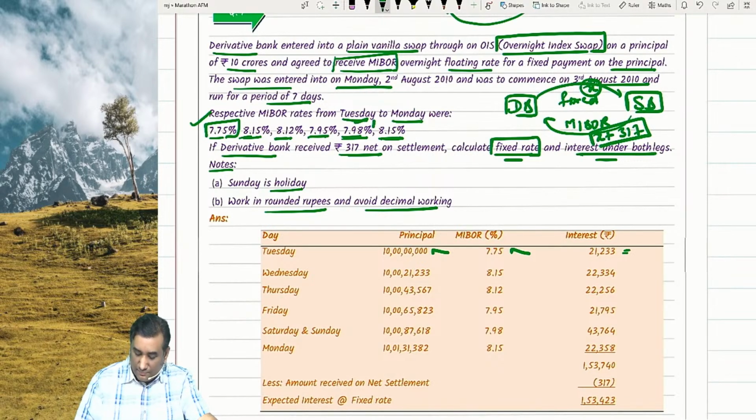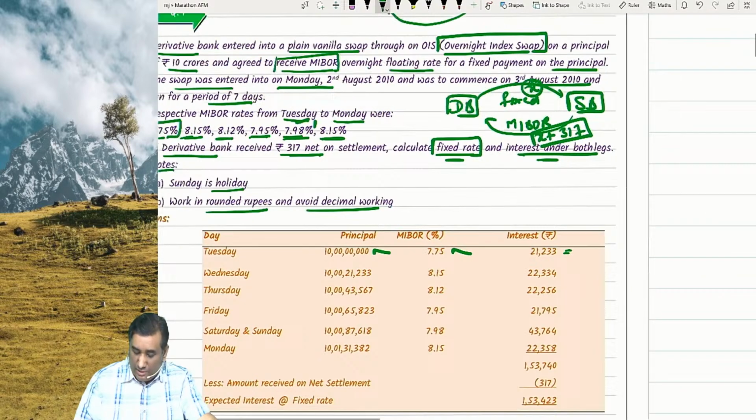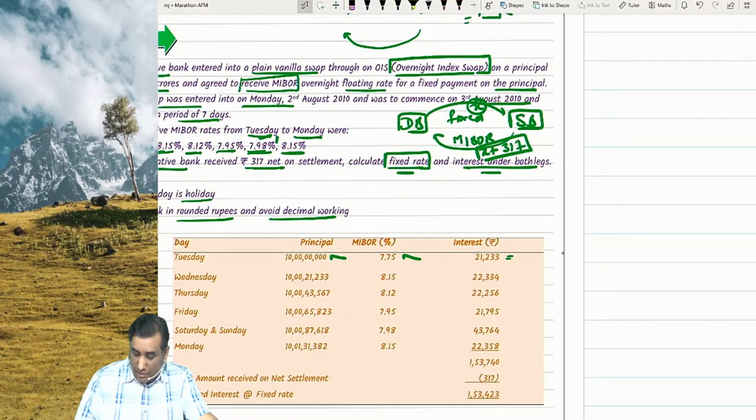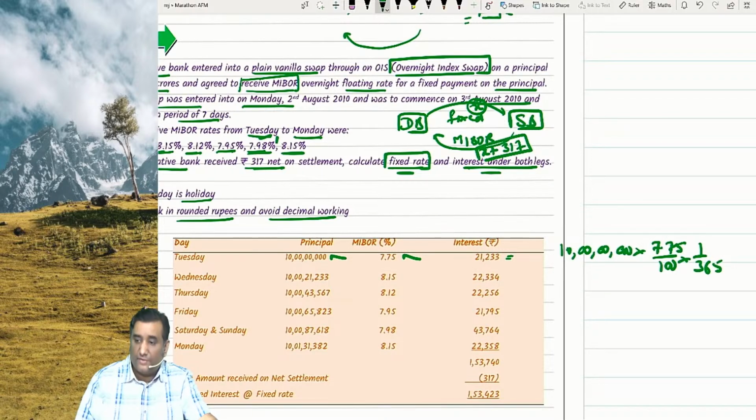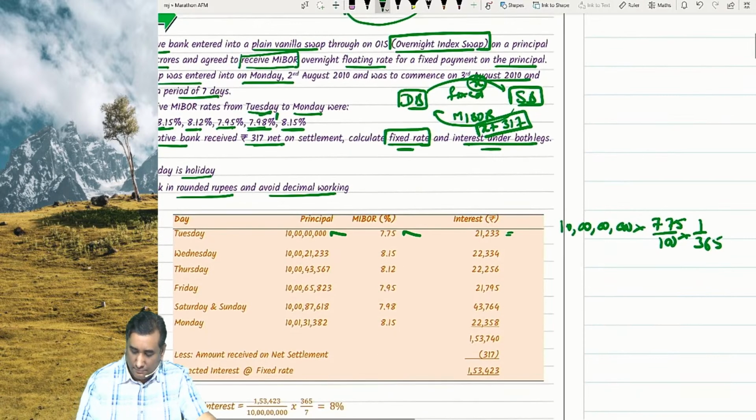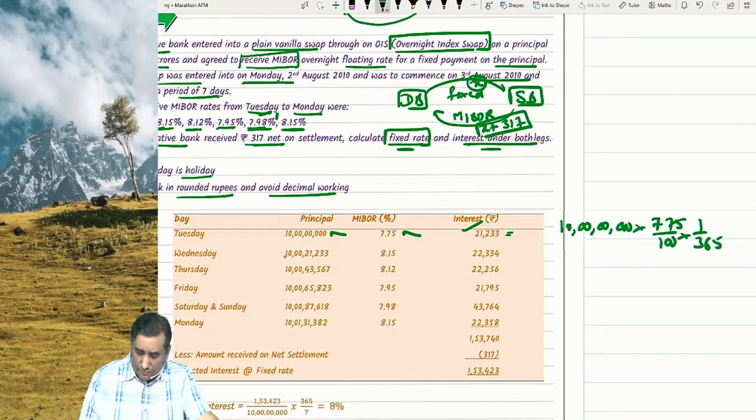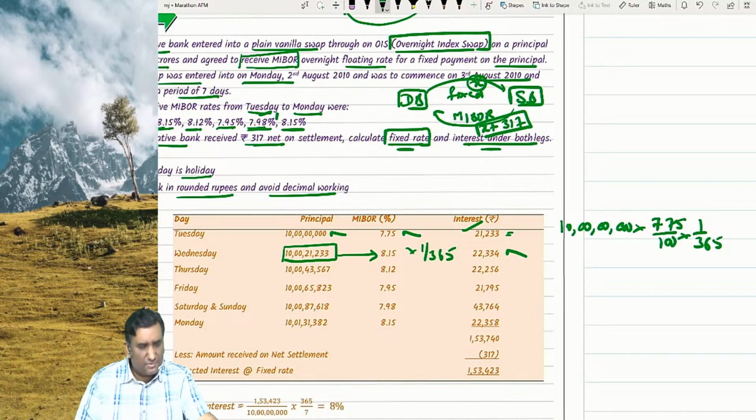You can show the calculation. 10 crore into 7.75 by 100 into 1 by 365. So next day this becomes the amount into 8.15 into 1 by 365.